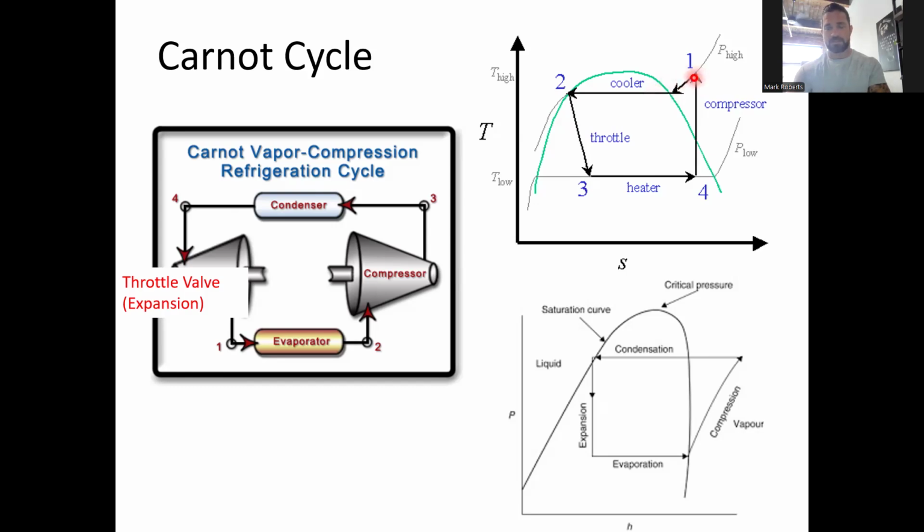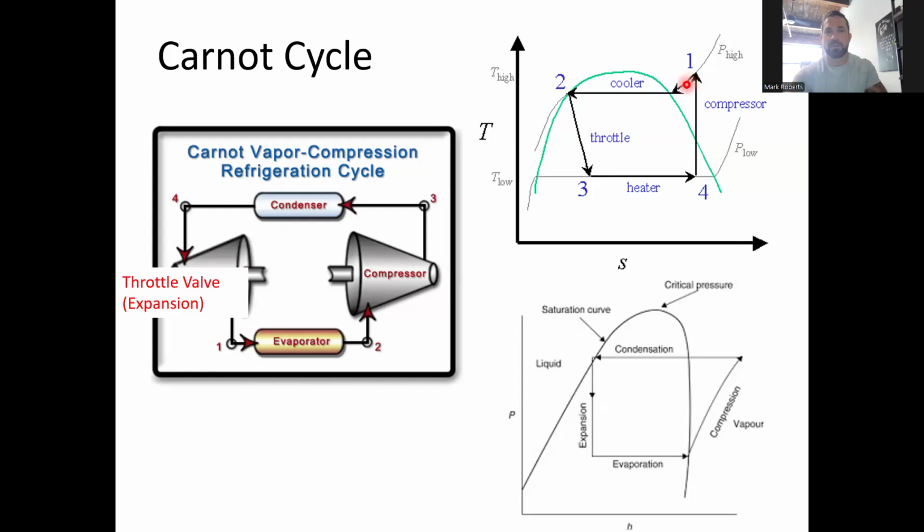As that vapor goes through the cooler, it's going to give off heat to the environment as it condenses to a liquid. Just to be clear about the cooler, think about your refrigerator. We compress it, and we have this hot, high temperature, high pressure fluid.